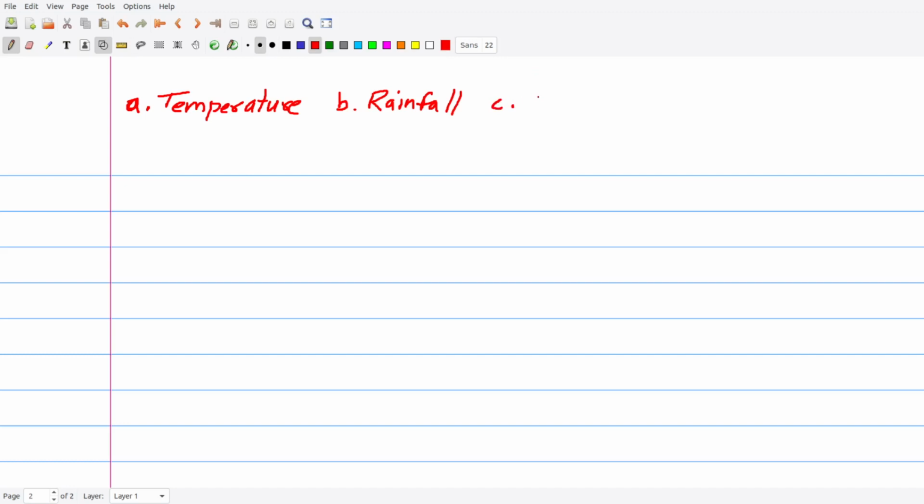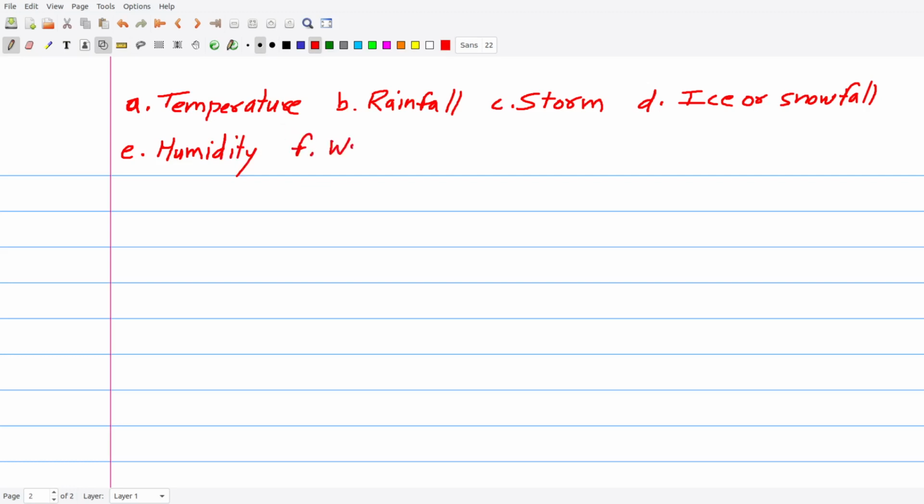Third one is a storm. Fourth one is, yes, anyone? Ice or snowfall. This affects your weather, correct? Then fifth one is humidity. This also affects a lot. Then wind speed.